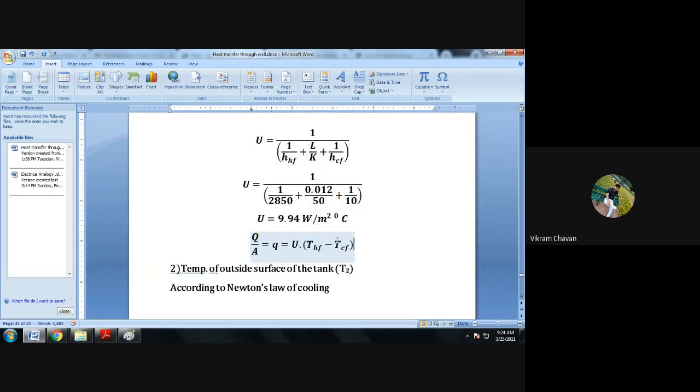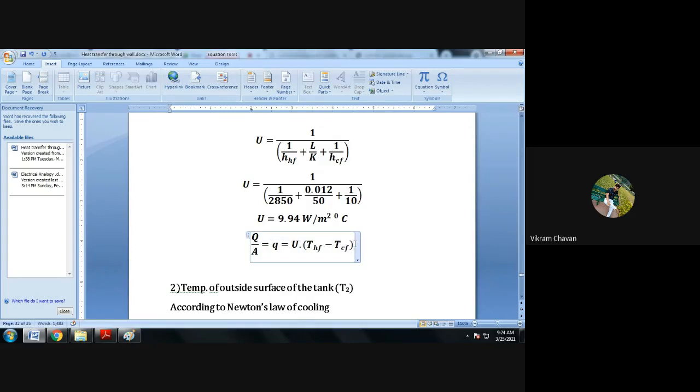Just put in the values: 9.94 multiplied by (T_HF, which is 95, minus 15).